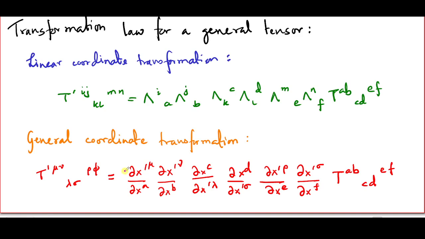The upper index mu will give rise to del x prime mu del x a, and of course the corresponding index for the old component of T will be a. Then you will have del x prime nu del x b, but for the lower indices lambda and sigma you will have del x c del x prime lambda, del x d del x prime sigma, again del x prime rho del x e, del x prime sigma del x f, multiplied by T_abcdef, and summed up completely.